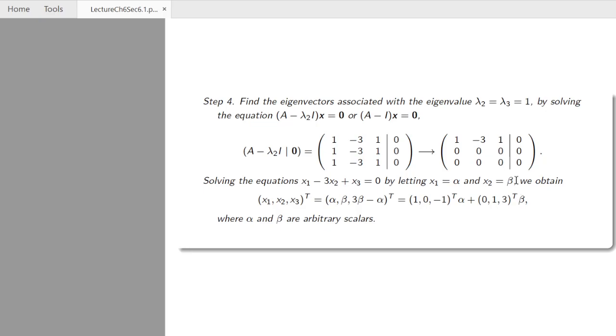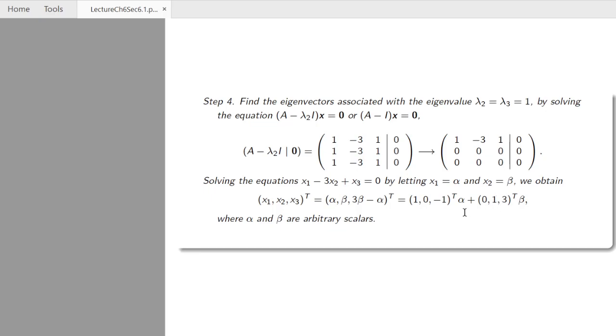In this way, we can say, again, corresponding to eigenvalues lambda 2 and lambda 3, we have infinitely many eigenvectors. Those eigenvectors are of this form.